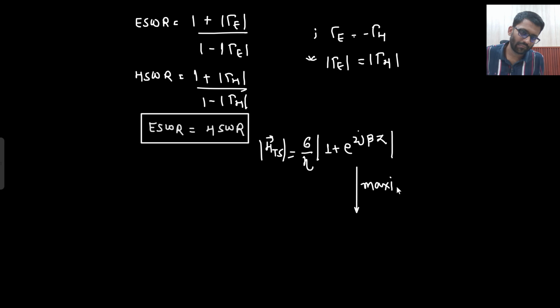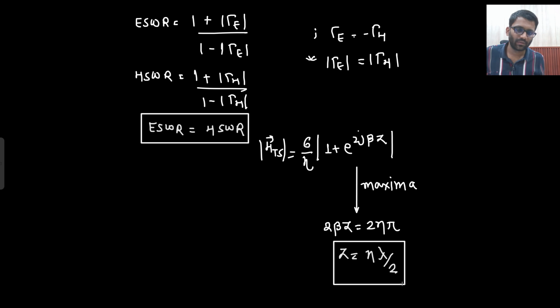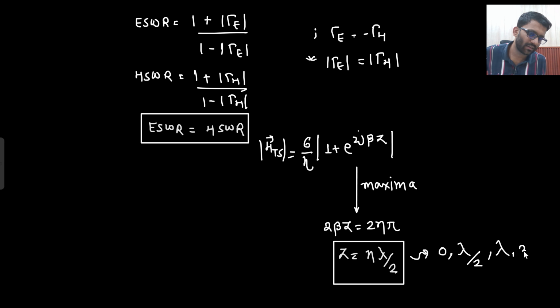For maxima, 2 beta z should be equal to 2n pi. So what will be the z value you will get? n lambda by 2. So where is my maxima? Maxima is at 0, lambda by 2, lambda, 3 lambda by 2. This is the location of maxima.